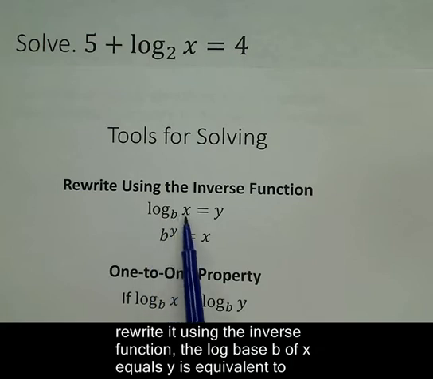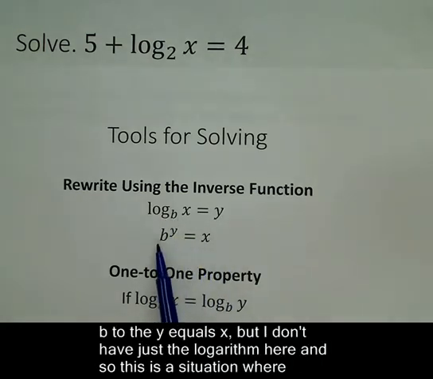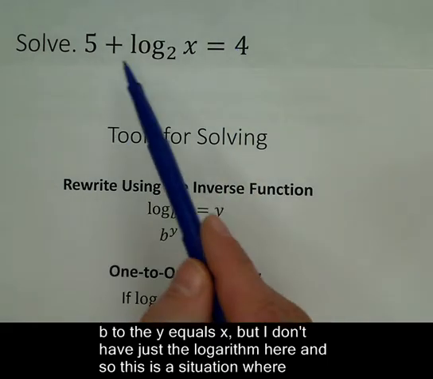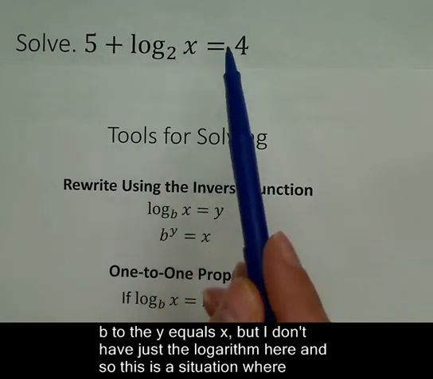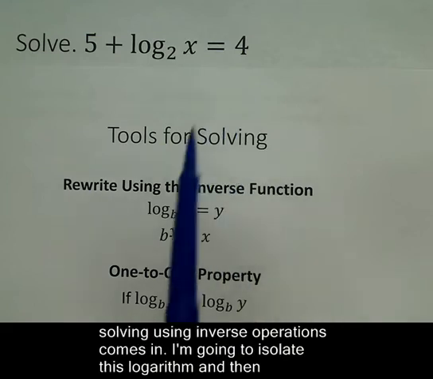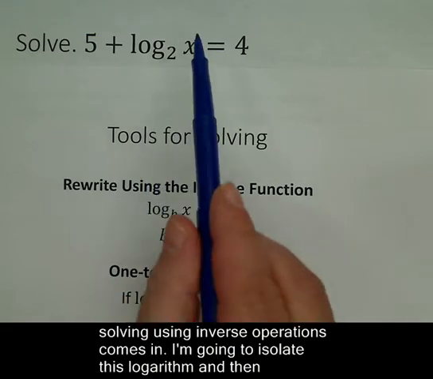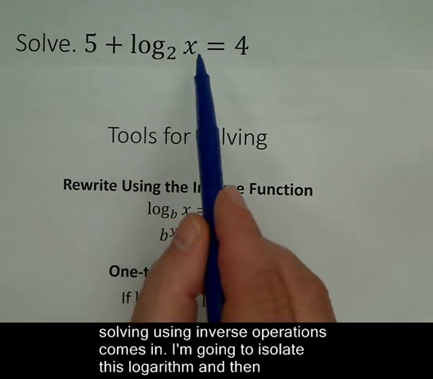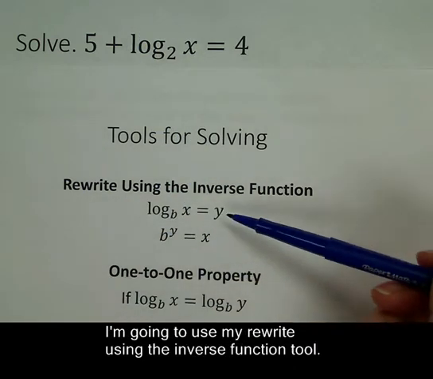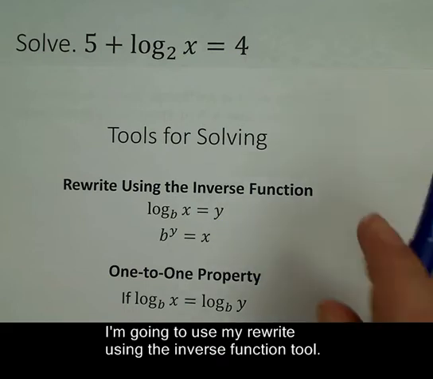The log base b of x equals y is equivalent to b to the y equals x. But I don't have just a logarithm here. And so this is a situation where solving using inverse operations comes in. I'm going to isolate this logarithm, and then I'm going to use my rewrite using the inverse function tool.